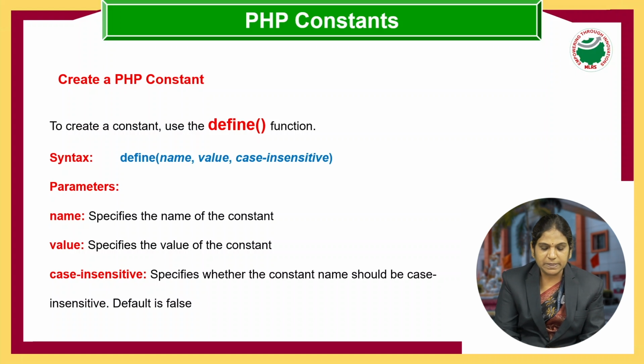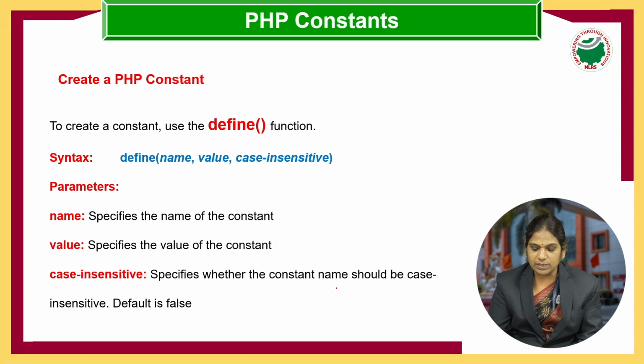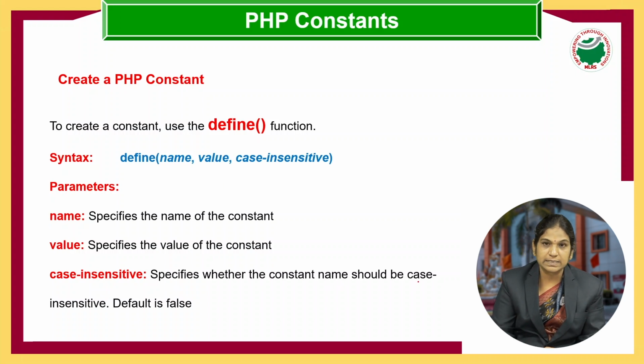So the first specifies the name of the constant, the second specifies the value of the constant, and the third, case insensitive, specifies whether the constant name should be case insensitive. By default it is false.